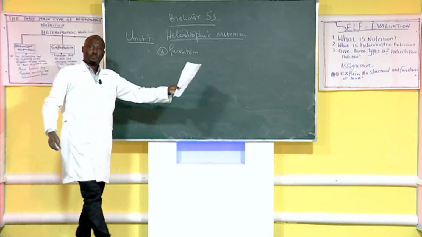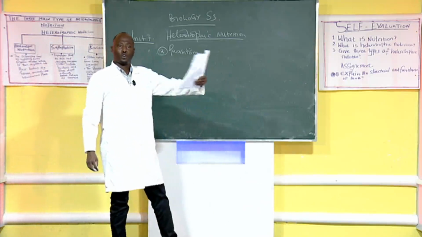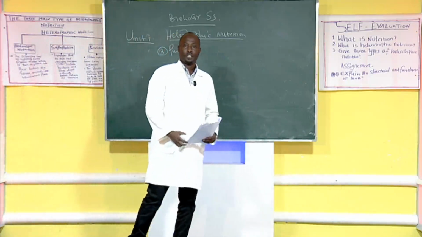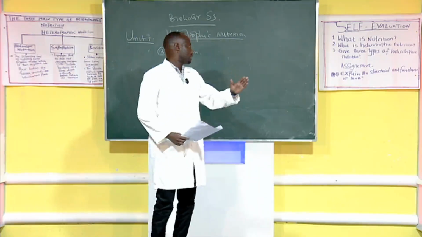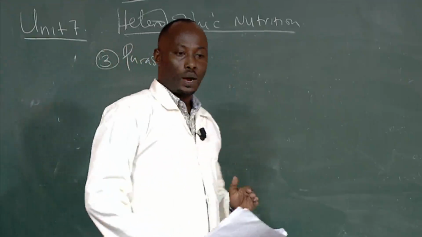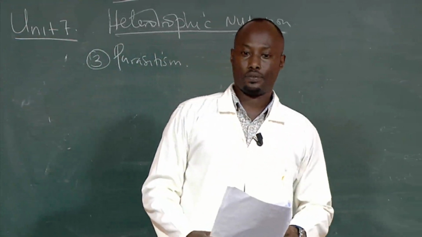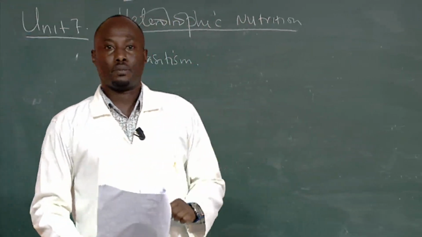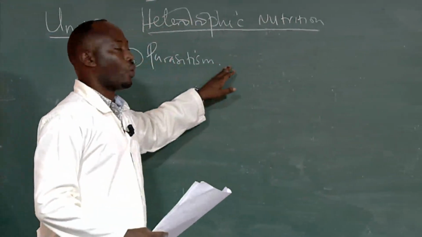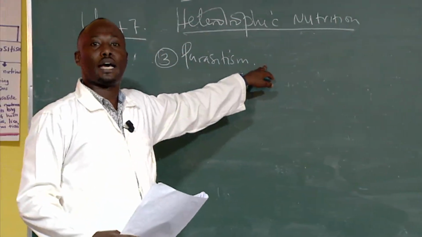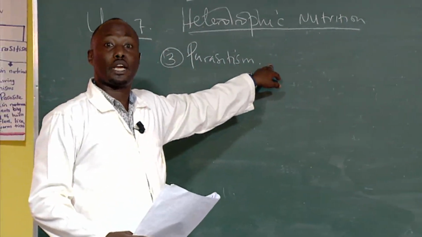What is the parasitism mode of nutrition? I'm asking you, what is parasitism? Excellent. Parasitism is a type of nutrition whereby an organism depends on other organisms and can cause harm.